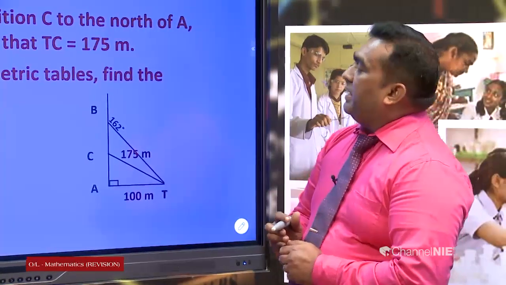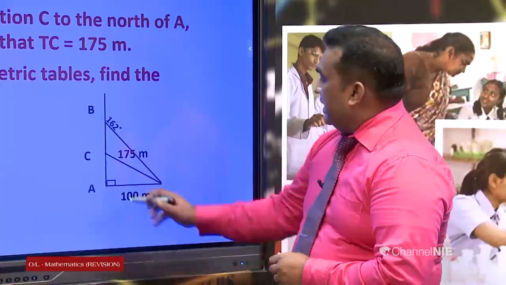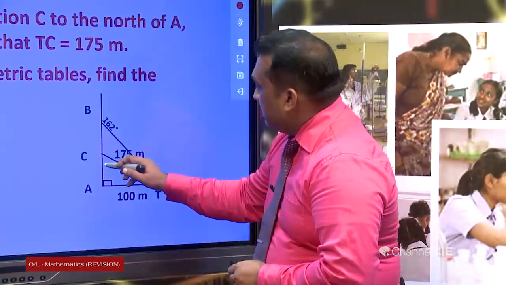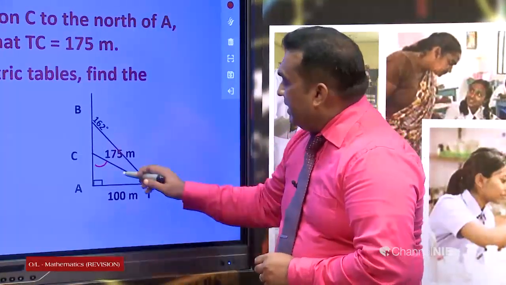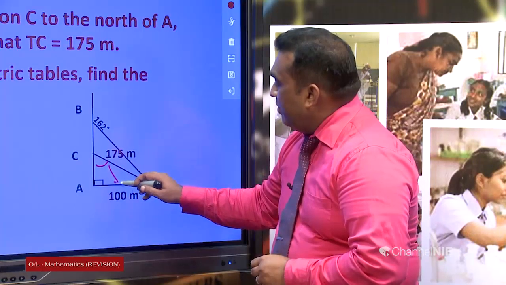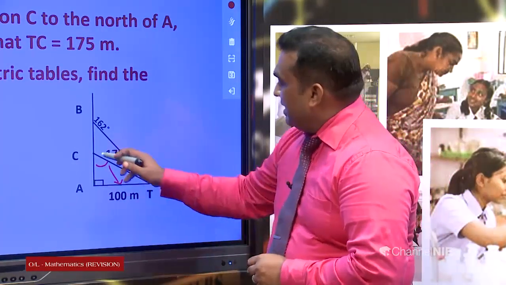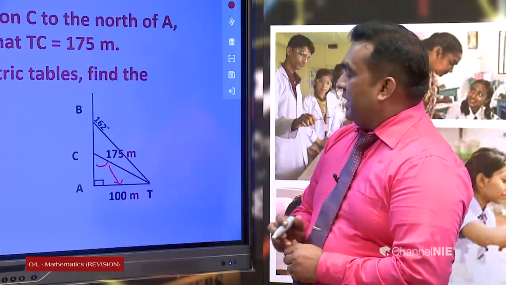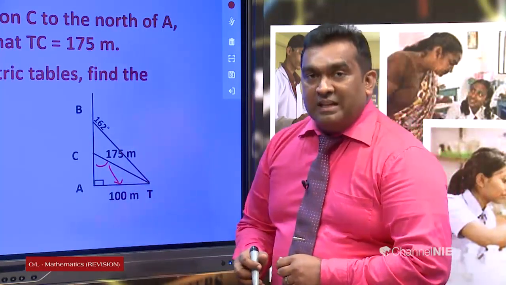Now I want to find out the magnitude of angle ACT. ACT means this one. According to this angle, AT is the opposite side and CT is the hypotenuse. Opposite over hypotenuse means sine.